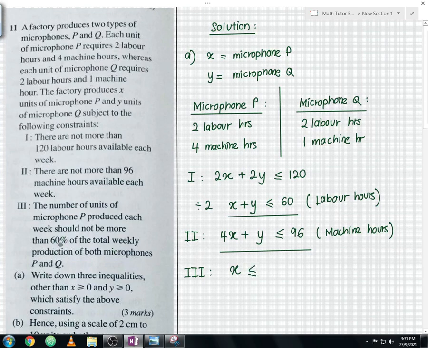So 60% means you need to convert this into the fraction form. 60 over 100. If you write in the simplified version, it will be 3 over 5, of the total weekly production of both microphones P and Q. In a bracket you need to add microphones P and Q, which are x and y respectively.